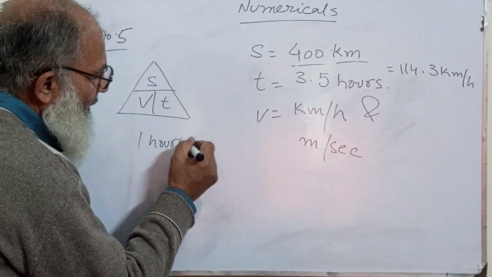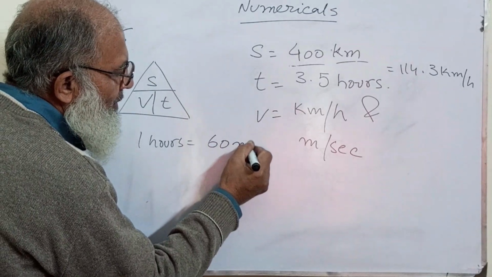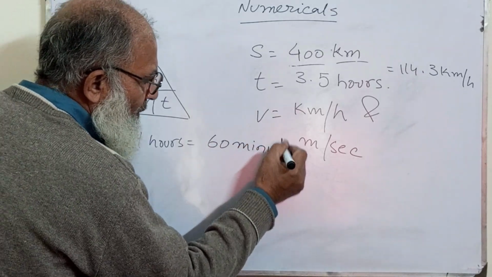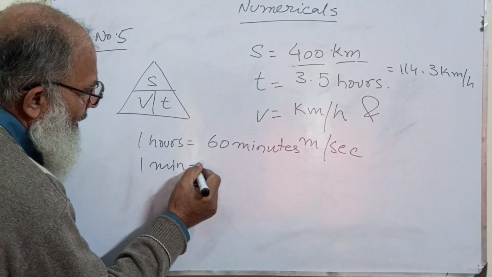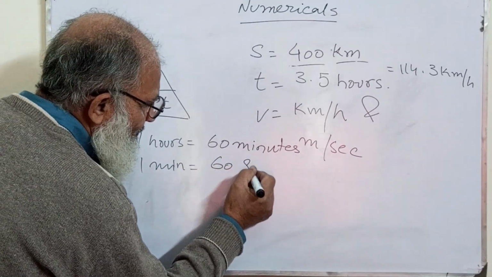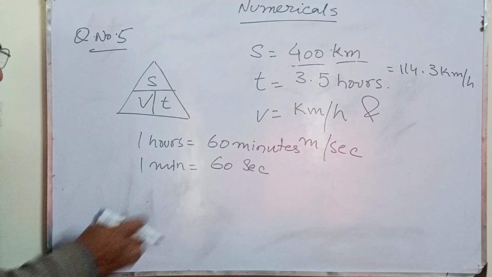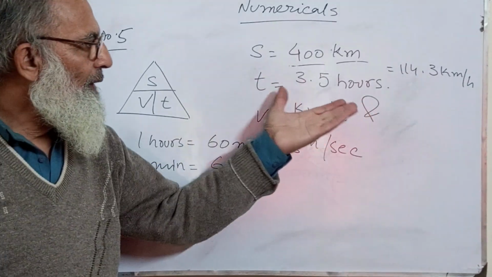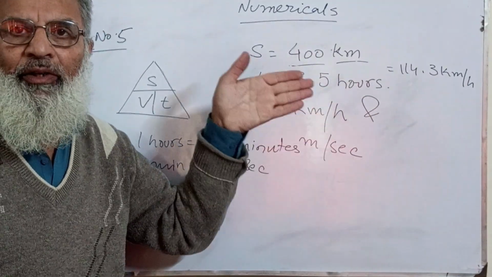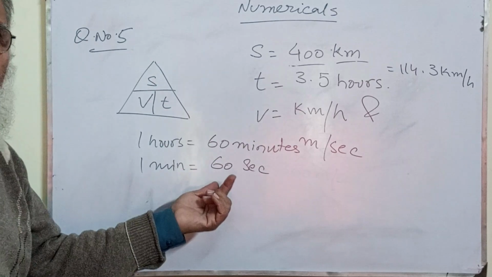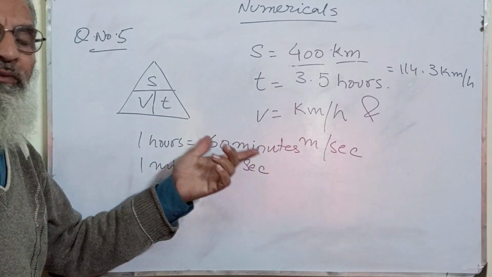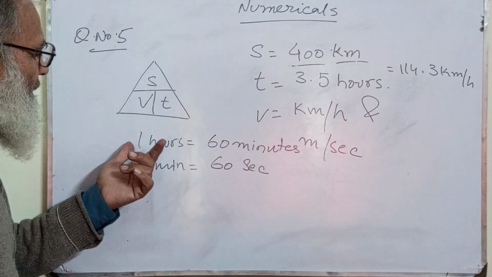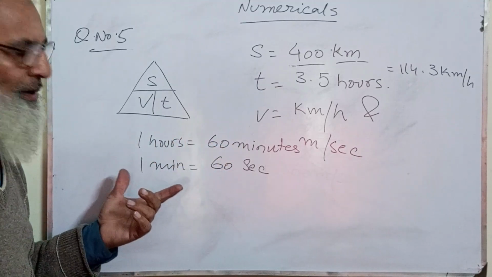In 1 hour there are 60 minutes, and in 1 minute there are 60 seconds. This is not like 100 or 1000. The unit is 60. The smaller unit for hour is minute, 60 minutes for 1 hour and 60 seconds for 1 minute.